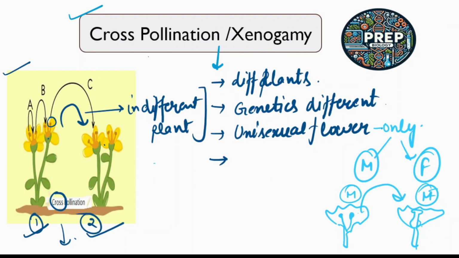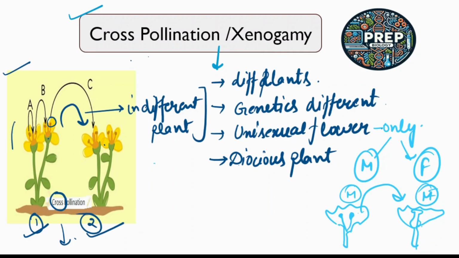Now, in which plants does cross pollination occur? It occurs in dioecious plants. If we talk about plants, this is one plant and this is the second plant. Dioecious plants are the plants which contain only male flowers or only female flowers on the plant.